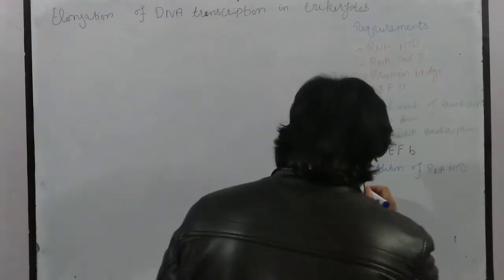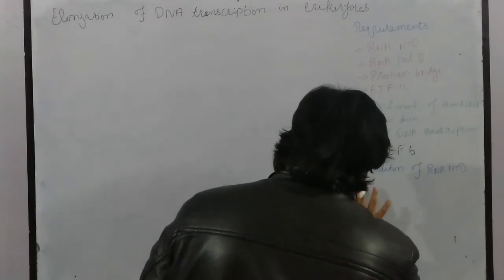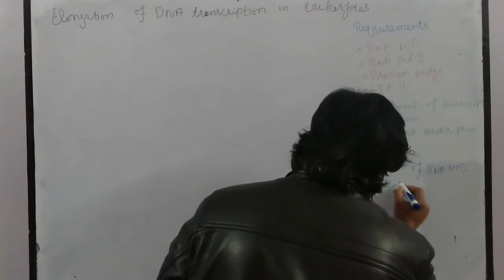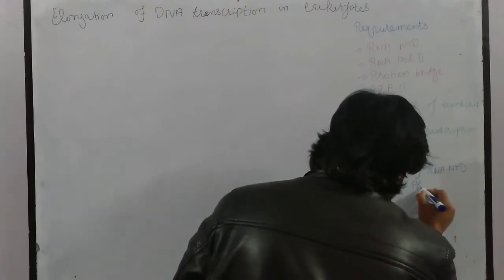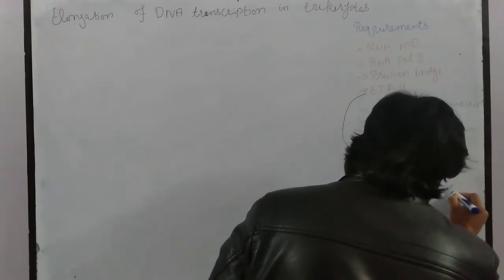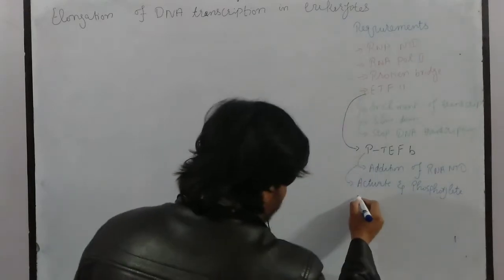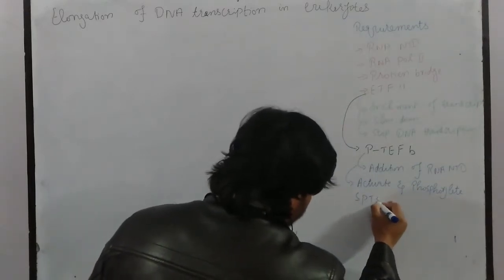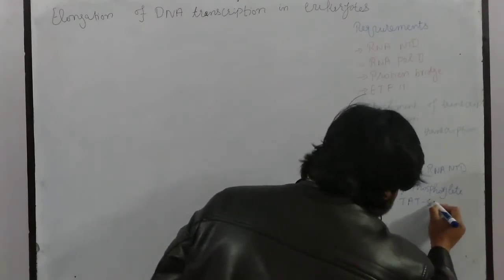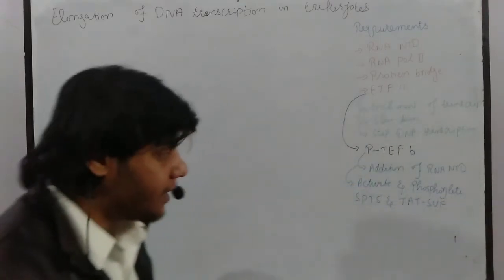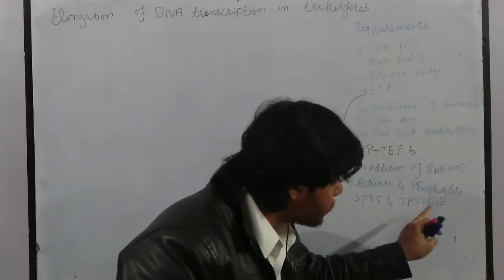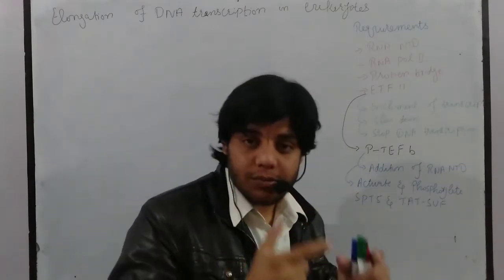So let me write: activate and phosphorylate Spt5 and TAT-SF1. Okay guys, now remember, among them TAT-SF1 is the universal transcription factor.